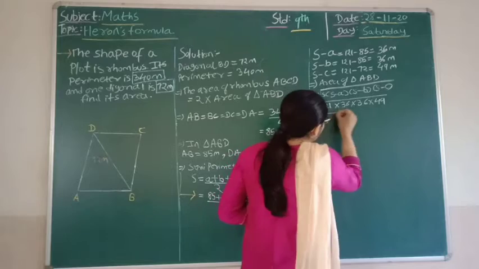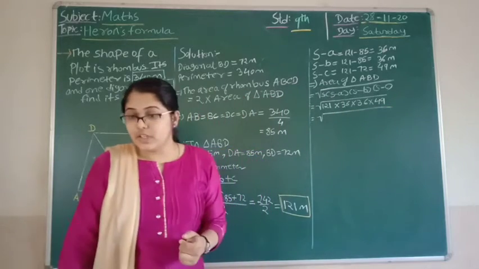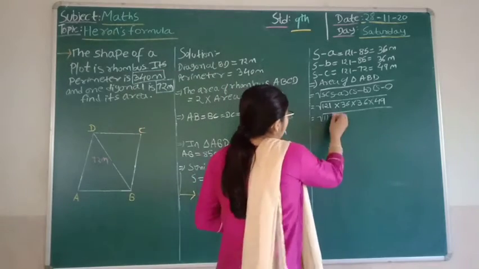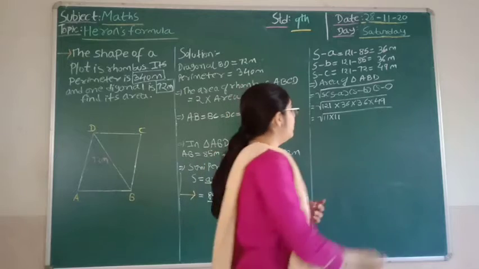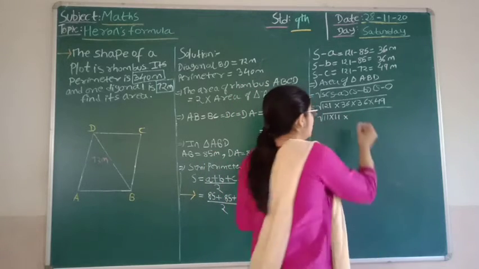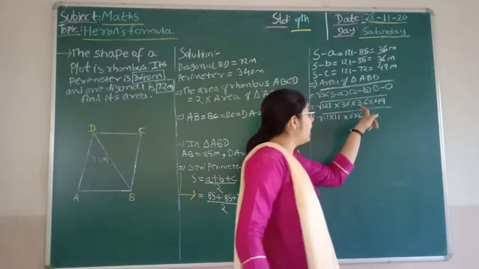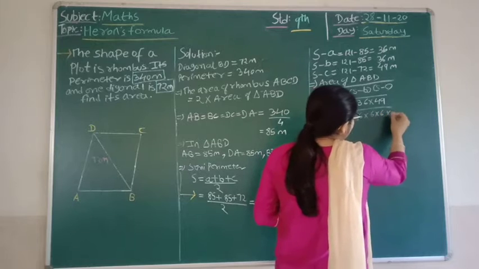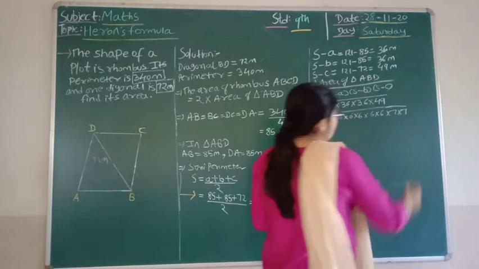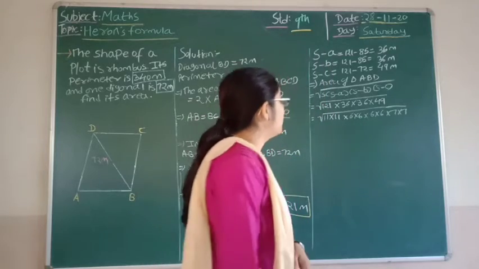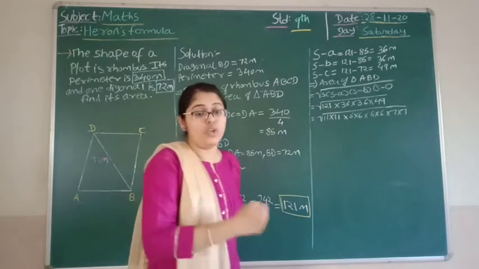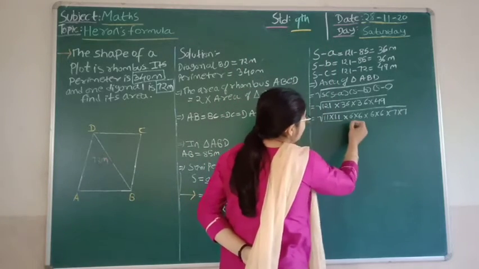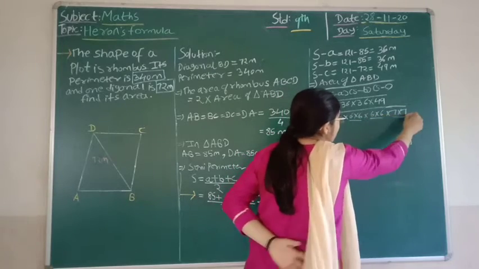Now, a very important step, we need to factorize this. So if I factorize this, 11 multiplied by 11 will be 121. Similarly factorize 36, then it is 6 into 6. Again this 36 will be 6 into 6 and 49 will be 7 into 7. Now if I take out the common terms, we have 11, 6, 6, 7.